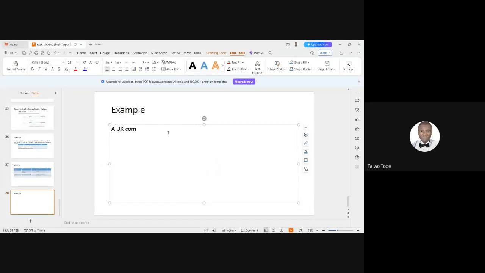A UK company expects to receive 800,000 US dollars in 3 months' time.